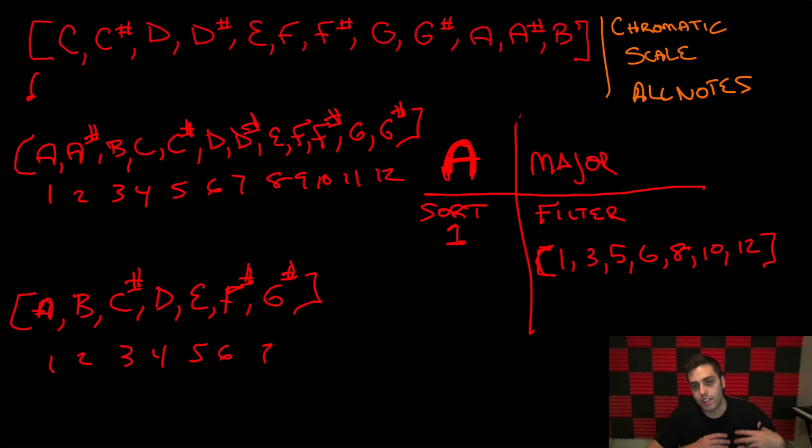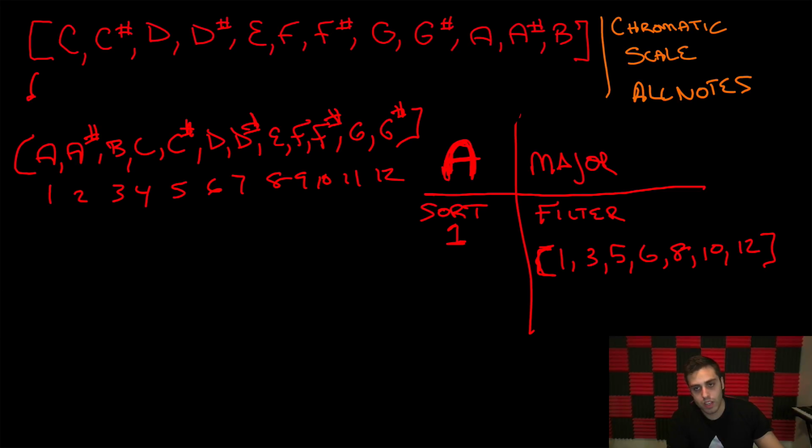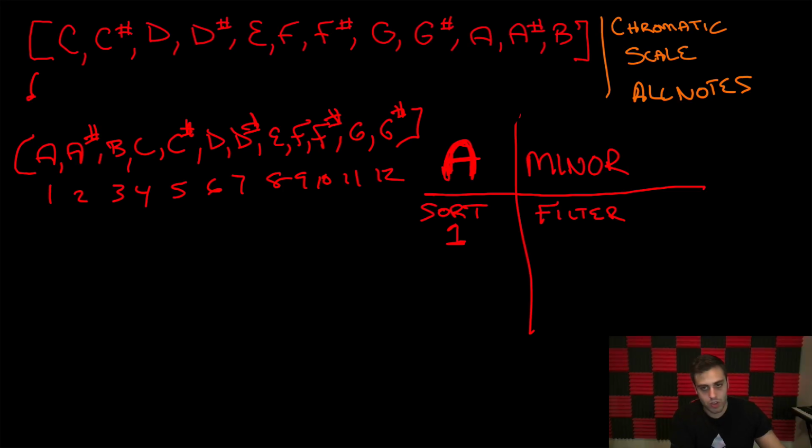So now, instead of A major, we're going to generate an A minor scale. So not major, but minor. Minor, if you can figure this out already, is just referring to a different filter on this sorted array than what major is referring to. So instead of taking those elements, we're going to take elements 1, 3, 4, 6, 8, 9, and 11.